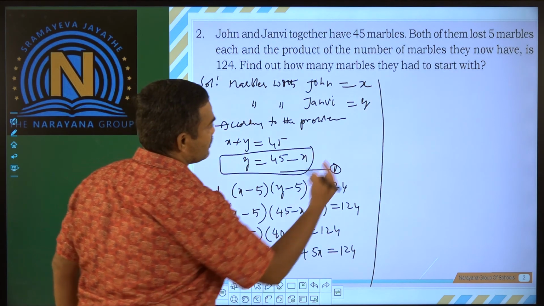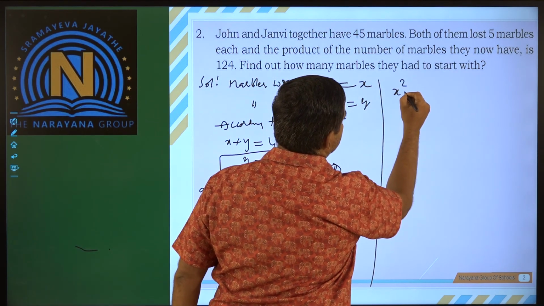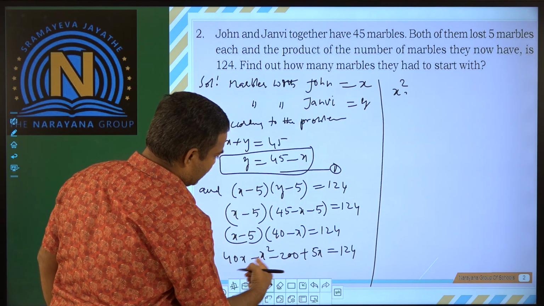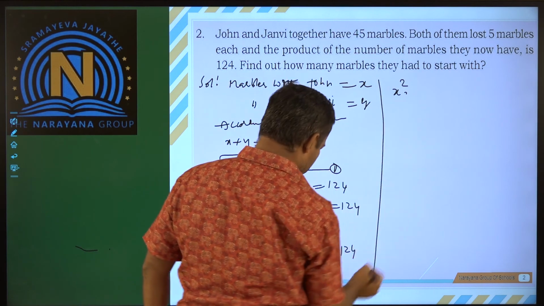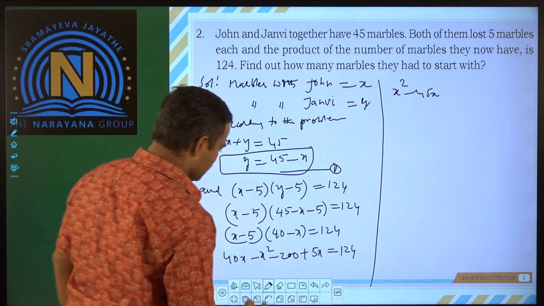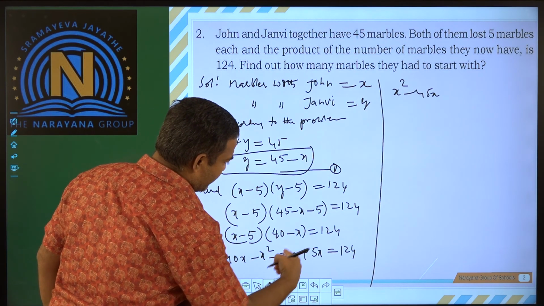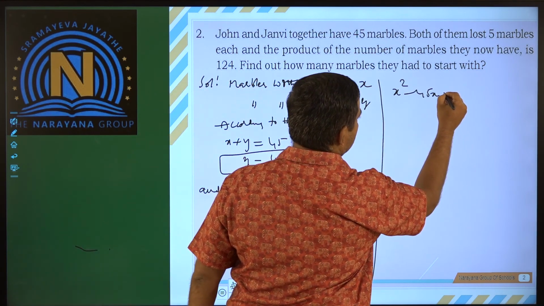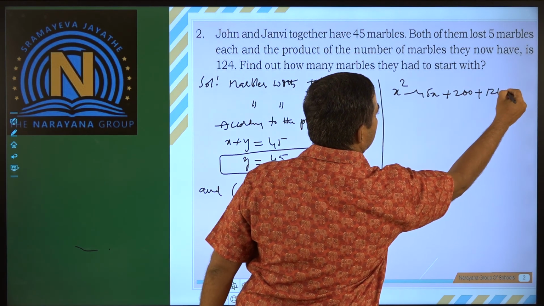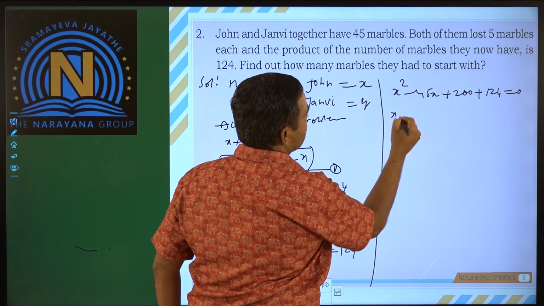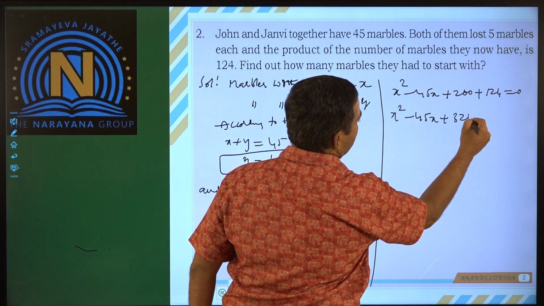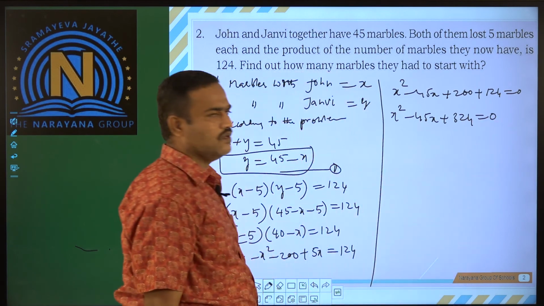So minus x square taken to right means plus x square. Next, 40x plus 5x, 45x taken to right means minus 45x. Now this 200 taken to the right side means plus 200 minus 124 is equal to 0. Now x square minus 45x plus 324 is equal to 0.